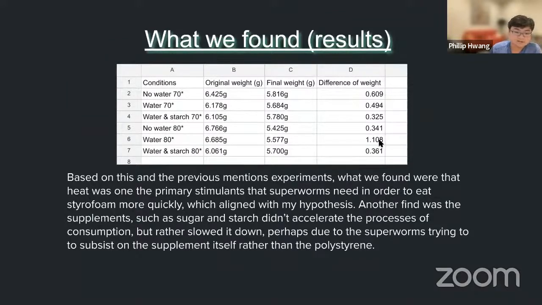As you can see, water at 80 degrees by far had the most styrofoam eaten, with 1.1 grams, which is almost twice the second, no water at 70. These are the two opposites other than starch, which was weird and was probably due to, like I said, the small amount of time that I had.